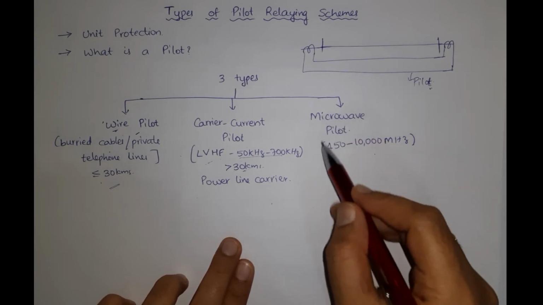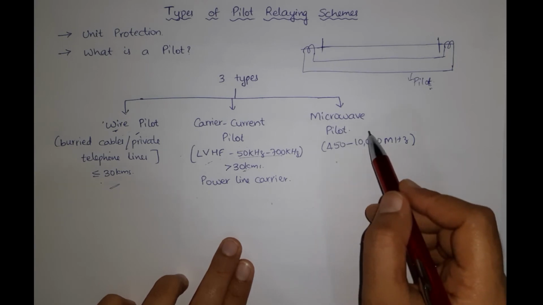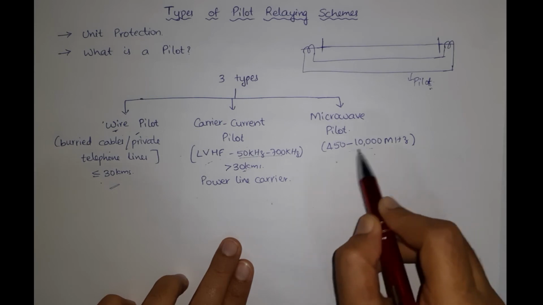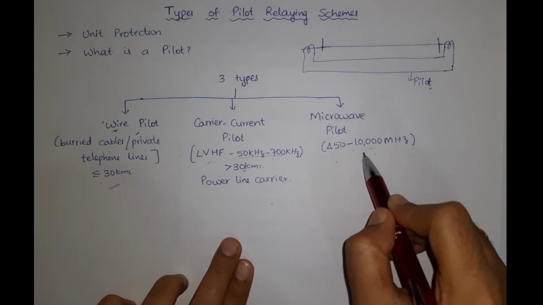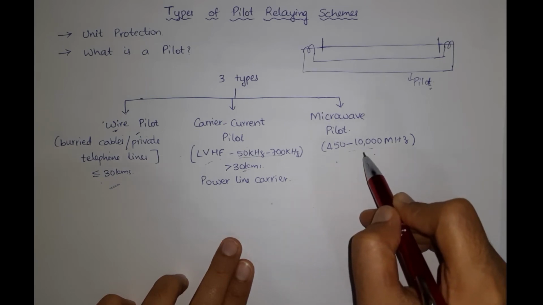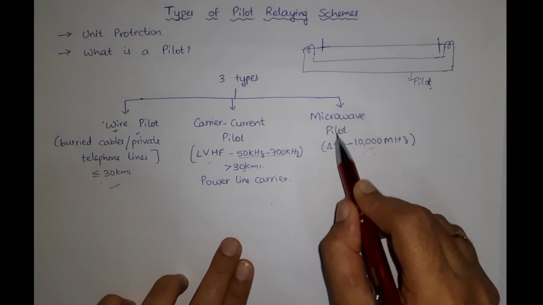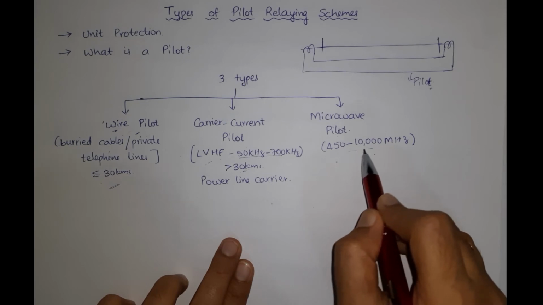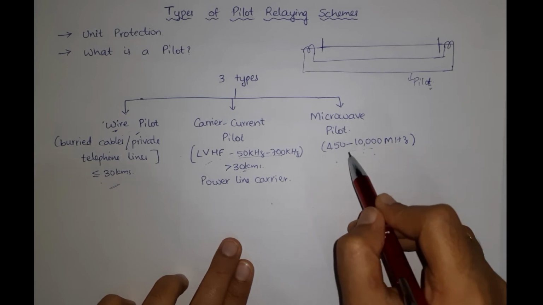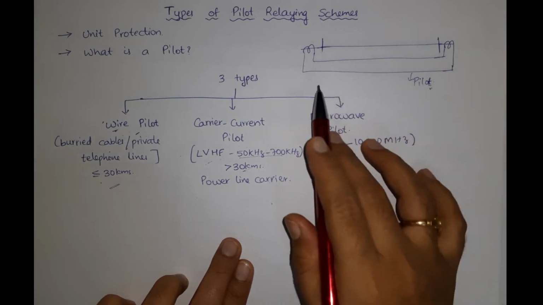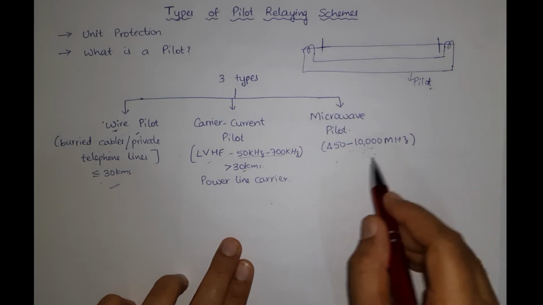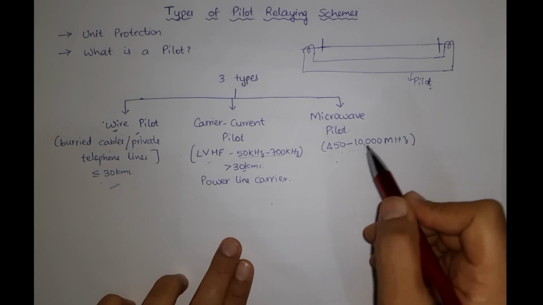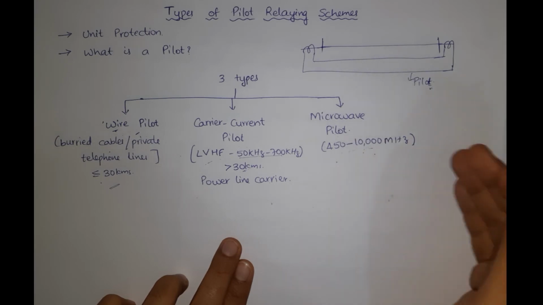This microwave pilot protection is a radio channel of very high frequency, from 450 to 10,000 megahertz, right? For transmitting information from one end to another at such high frequencies, there is a radio channel used to transmit the information.